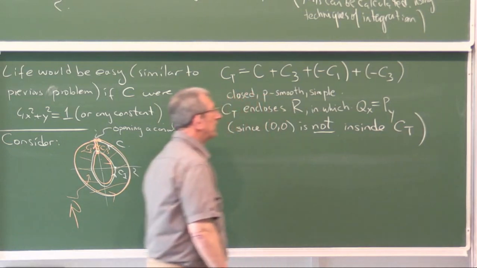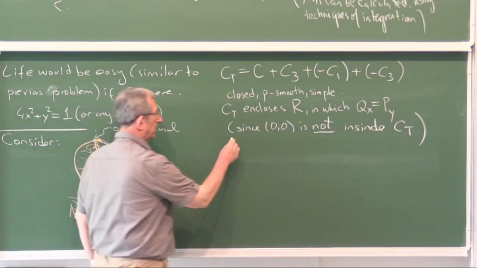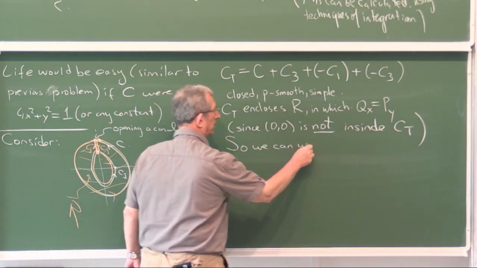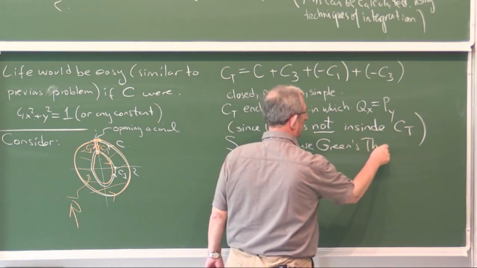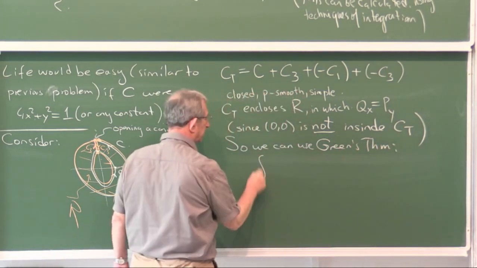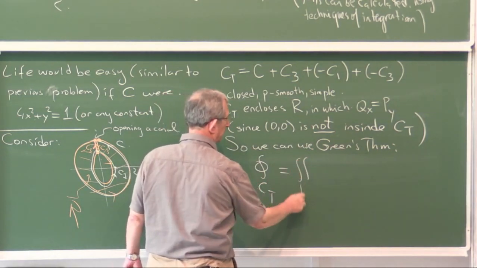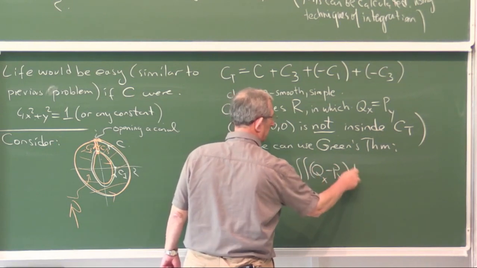Which means that I can use Green's theorem, which says that the integral over CT is the integral over R of Qx minus Py.